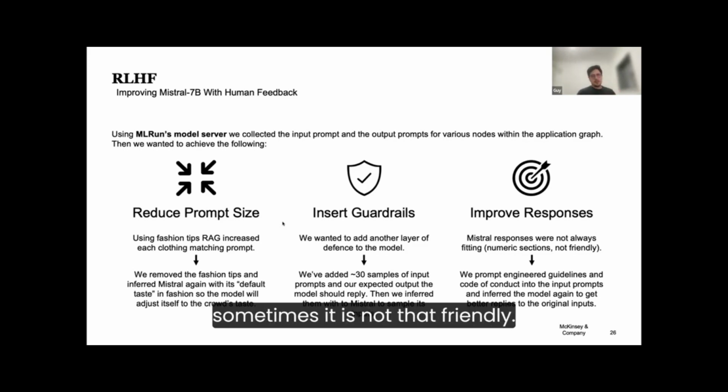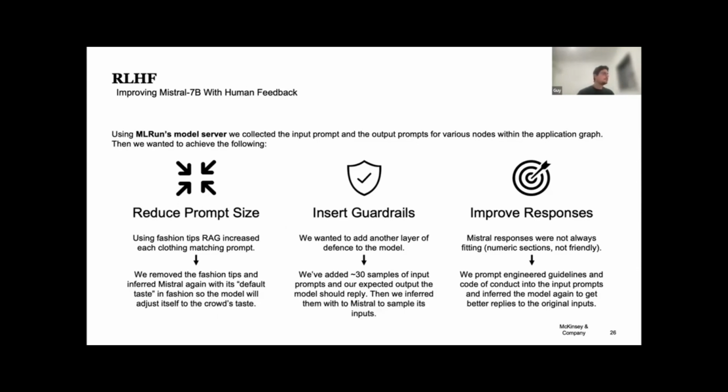Sometimes it is not that friendly. And of course, the best practice is to use prompt engineering first. But for the sake of the demo, we used minimal prompt engineering, and we wanted to showcase how collecting the data actually yields a better model.